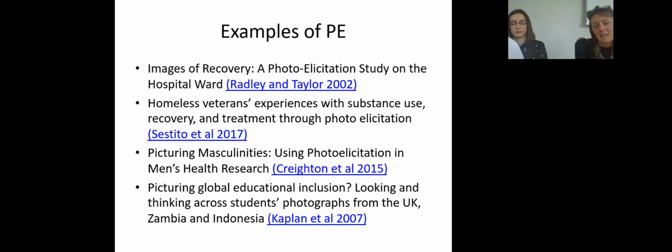So again, thinking about it as a tool for researching with and including the voices of often the voiceless. And just on that question of a photo elicitation study of a hospital ward, it's one thing to ask a participant to recall their experience of being a hospital patient, but it's something quite different to actually visually see their experiences as they are captured in that one snapshot second.